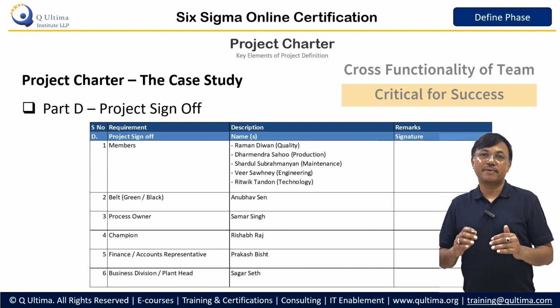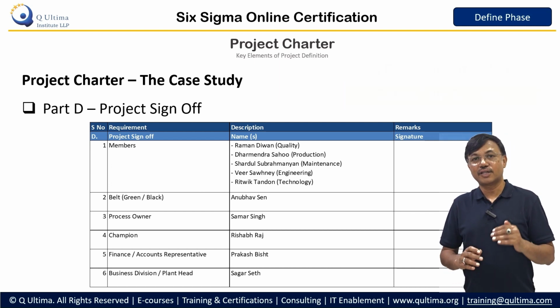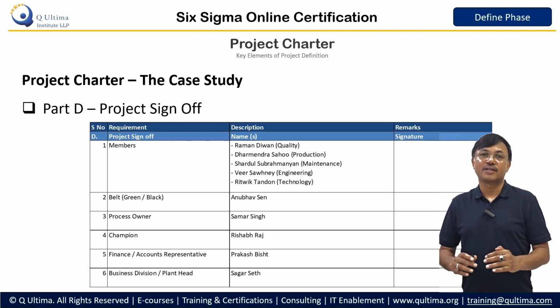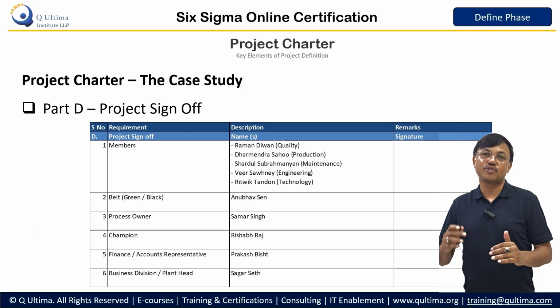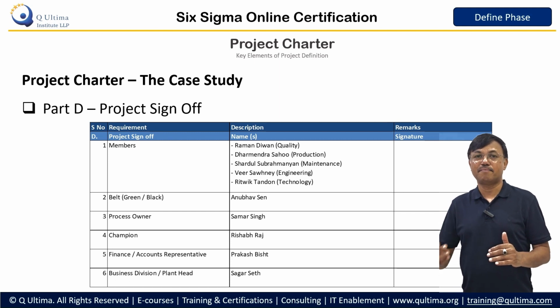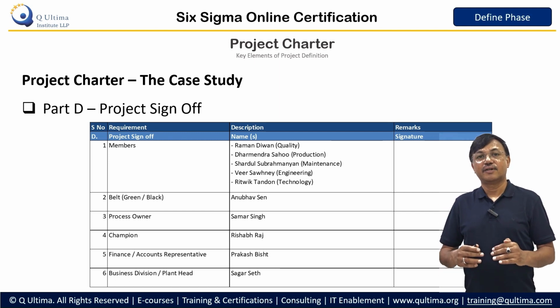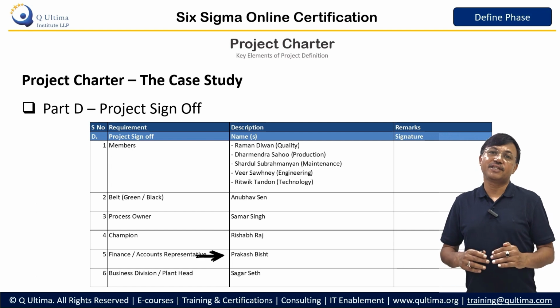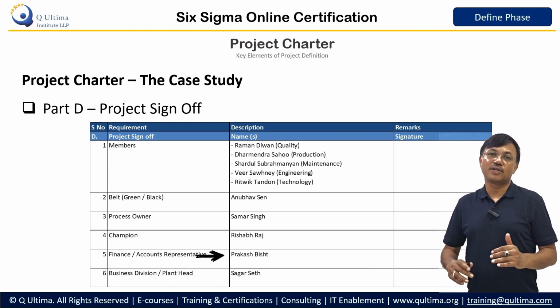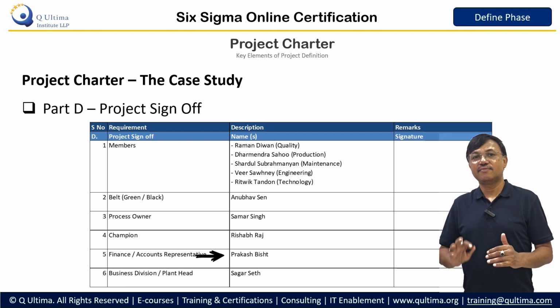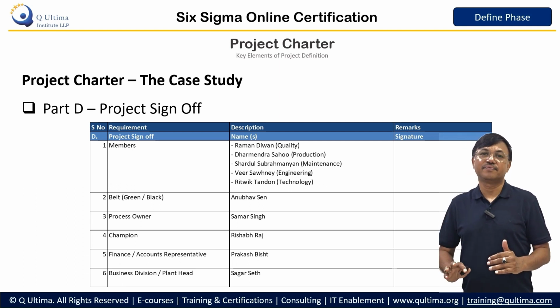Then you should mention who is the leader, green belt or black belt of the project. Then the champion, the person who is going to provide time and resources to the team members, followed by the finance representative signature, which is very important, who signs off that this project is going to give this much saving and that the savings are valid.